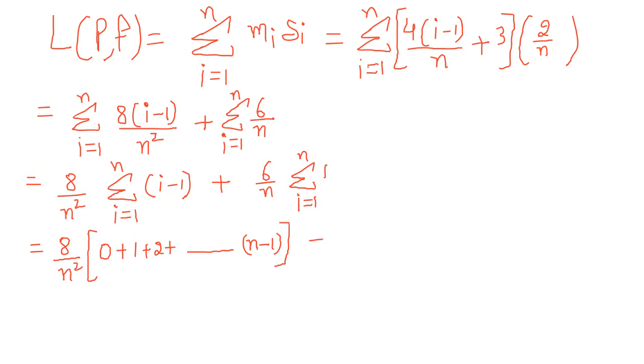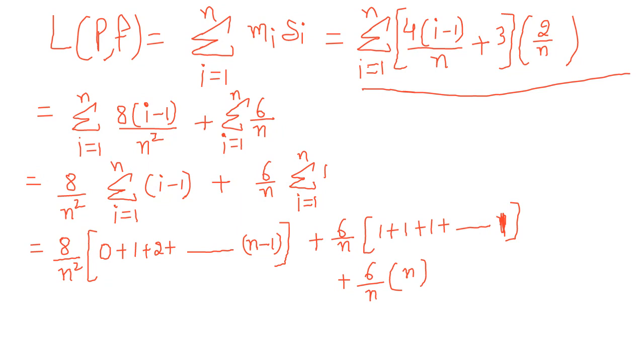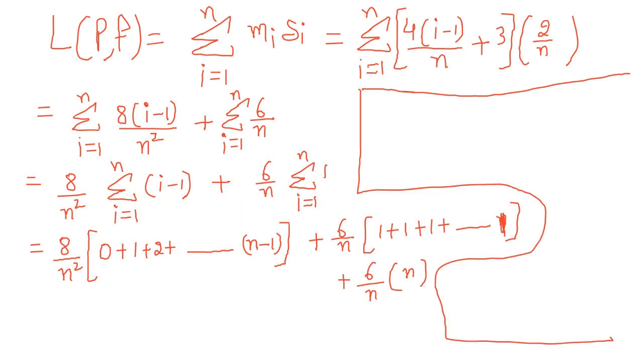Then 6 by n times 1 plus 1 plus 1 up to n. So its sum is n, since 1 plus 1 plus 1, n times. So it is into n. Now, if you remember one important formula, 1 plus 2 plus 3 up to n is n into n plus 1 by 2.